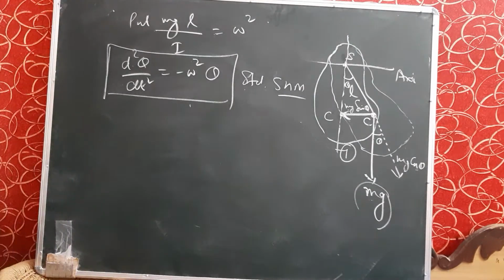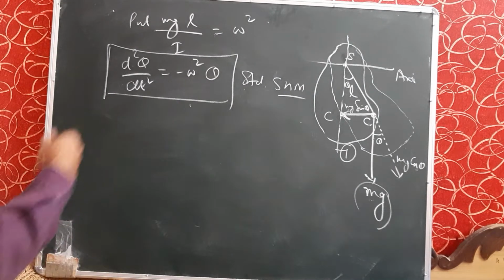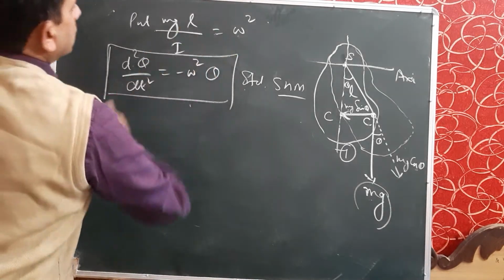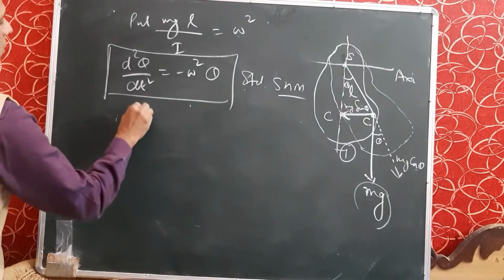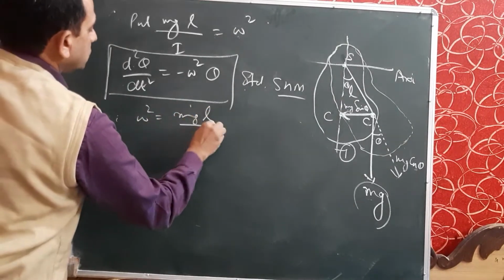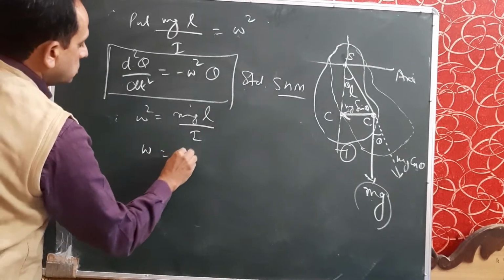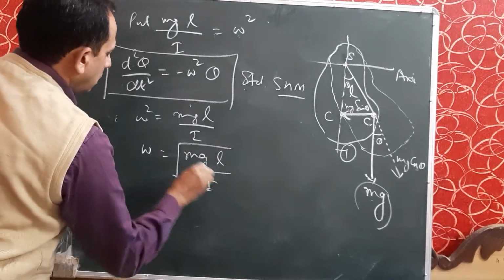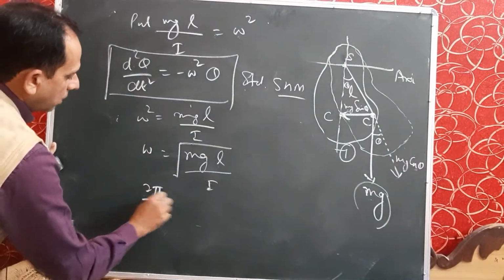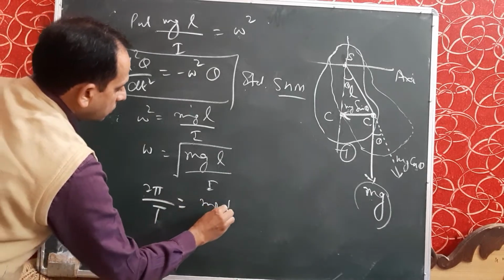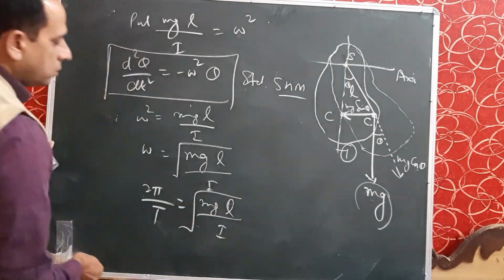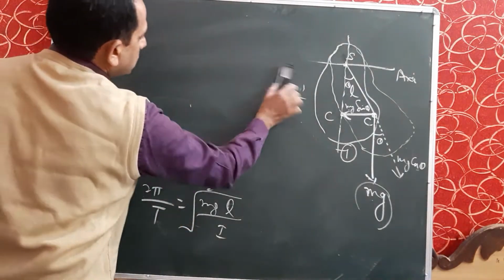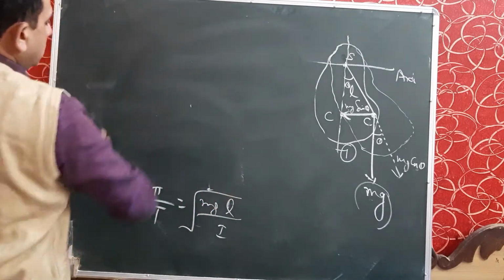The second part is we have to find the time period of this oscillation. So what is time period? You know that time period can be calculated from this ω² value. Since ω² is equal to mgL upon I, ω is the square root of mgL over I, and ω is 2π by T, so 2π by T is the square root of mgL over I. Finally we can find T from this equation, and this is the required equation for time period.